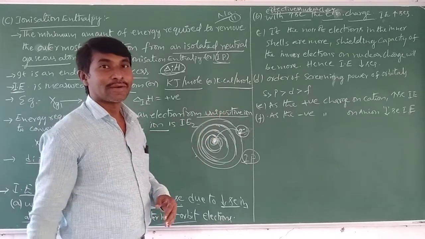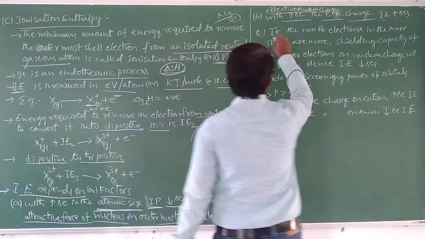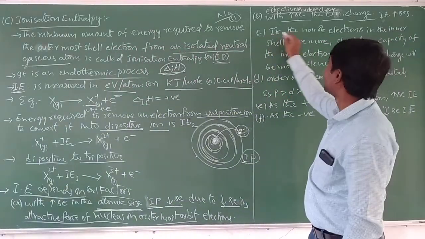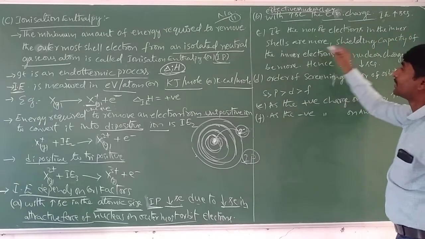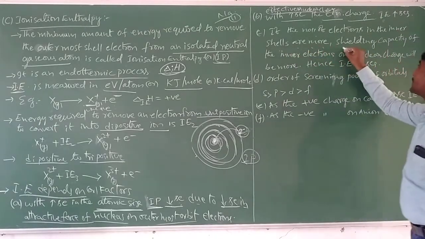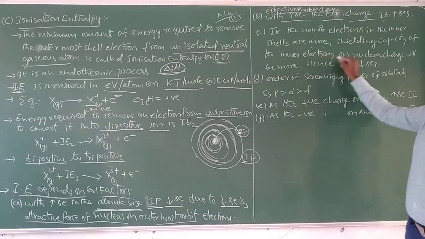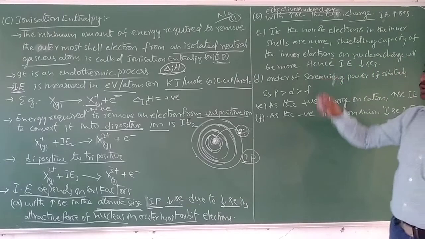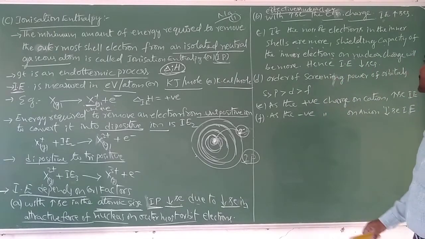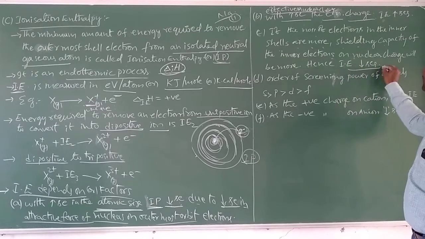Okay. Another one: if the number of electrons in the inner shells is more, the shielding capacity of the inner shell electrons on the nuclear charge will be more. Hence ionization enthalpy decreases.